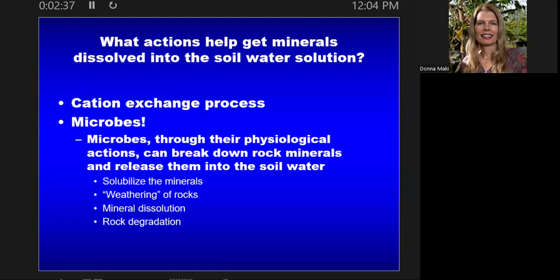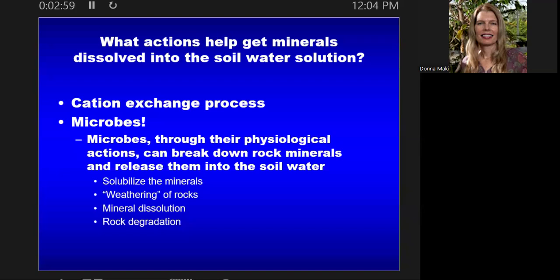And so just pointing out that the presence of the microbes in the soil, just living and doing their thing, can create situations where they help to solubilize the minerals, which means they're able to get the mineral particles off the soil and into the soil water, and that's what the plant needs.